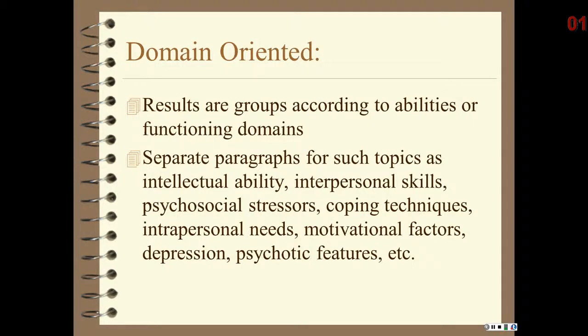Another type is domain-oriented, and in this style, the results are grouped according to abilities or functioning domains. So you might have separate paragraphs for topics such as intellectual ability, interpersonal skills, psychosocial stressors, how they cope with things, what motivates them, things like that.